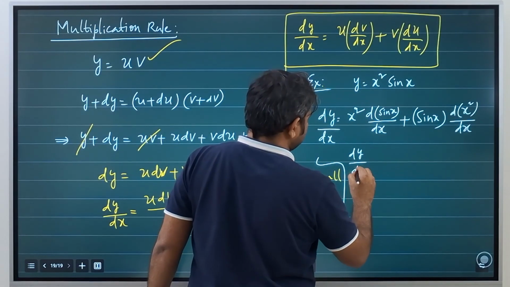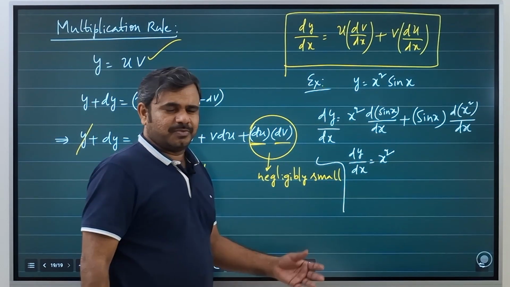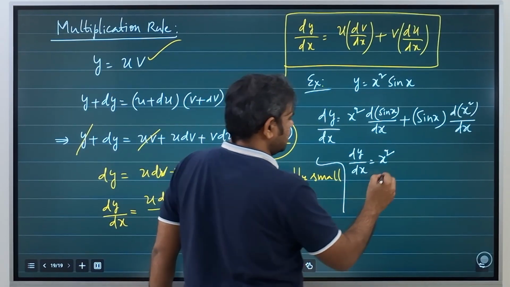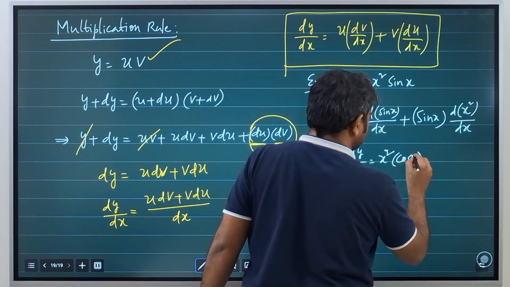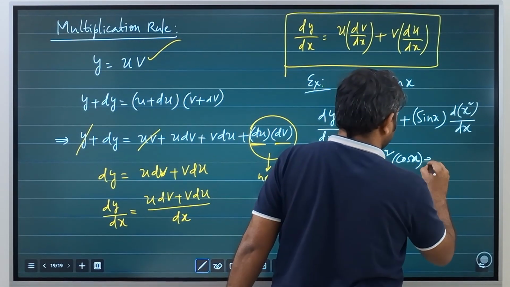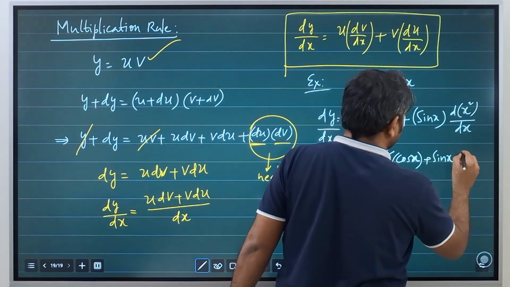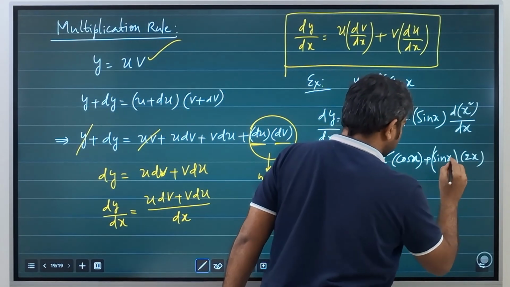dy by dx is equal to x square into d sin x by dx, we know d sin x by dx is equal to cos x. We know this. Plus sin x into d x square by dx, we just calculated in one of the previous examples.